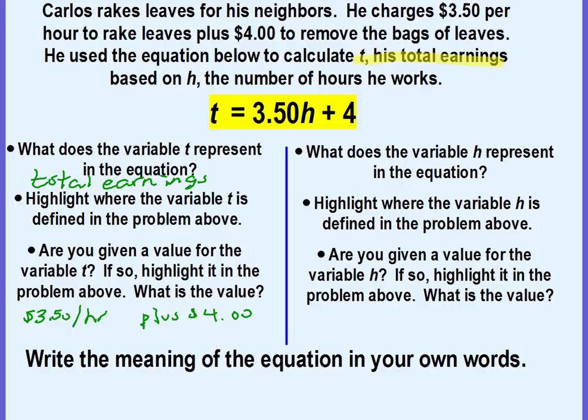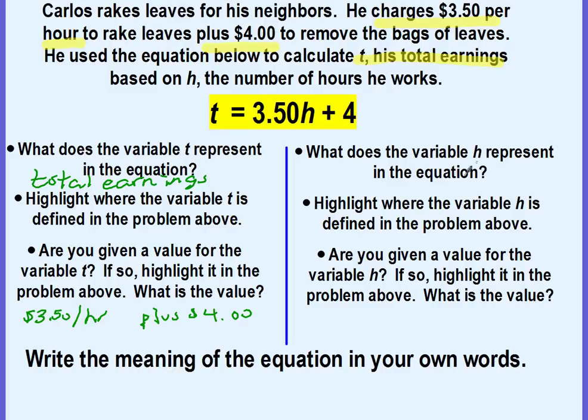So it's not necessarily an exact value. All right, so we can go ahead. It says to highlight it, so I'm going to use the same color, and I'm just going to underline it. So it's going to be $3.50 per hour plus the $4 to remove the bags.